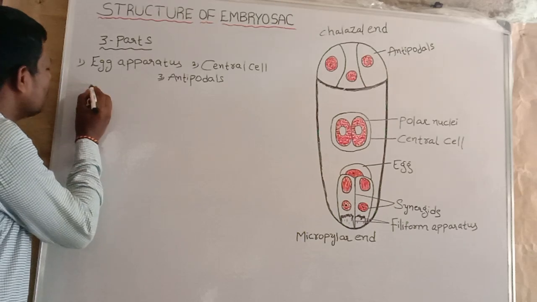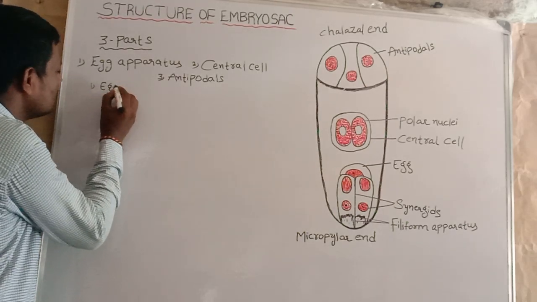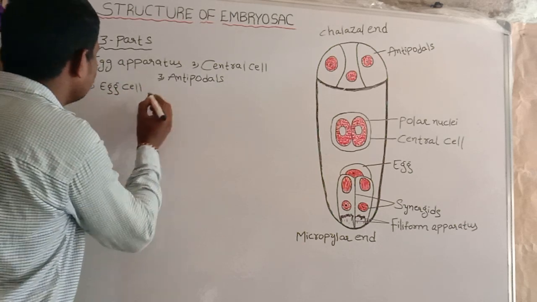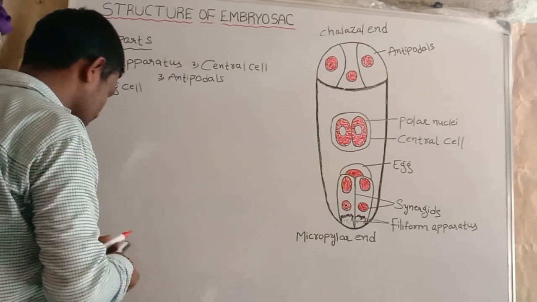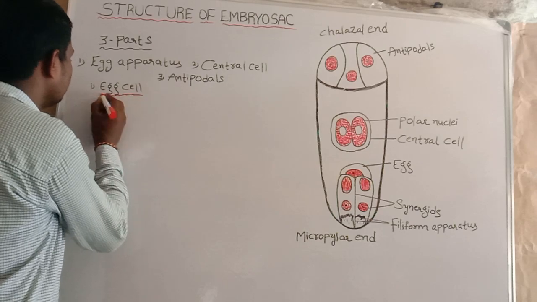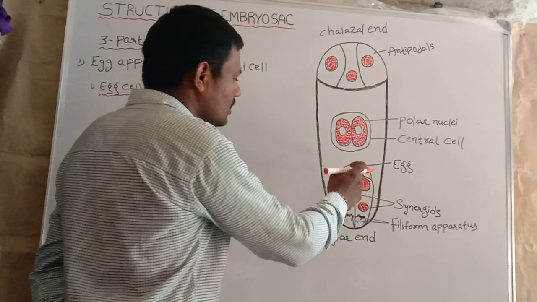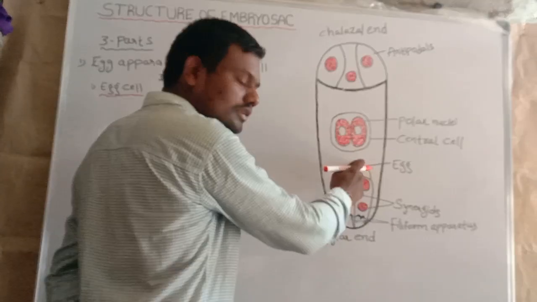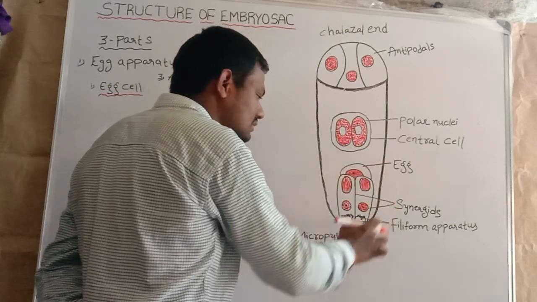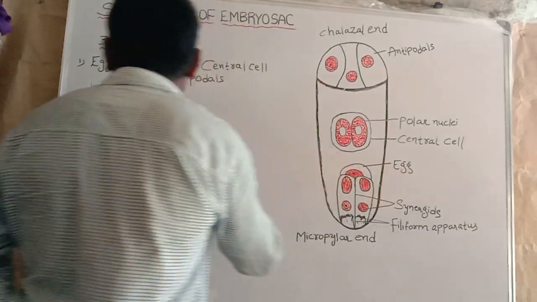The first one is the egg cell. The middle, larger cell in the egg apparatus is called the egg cell.